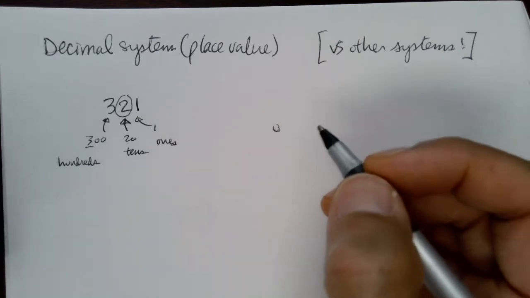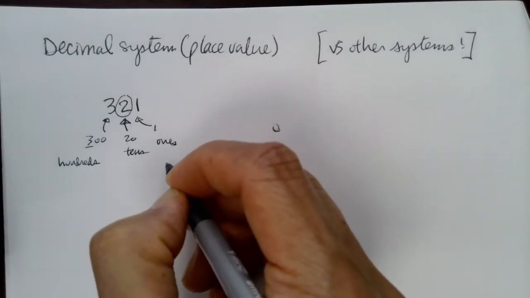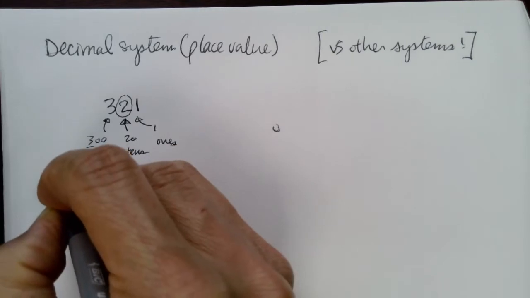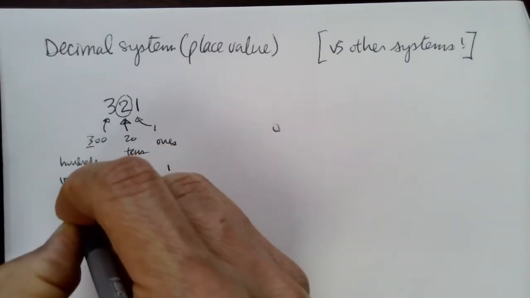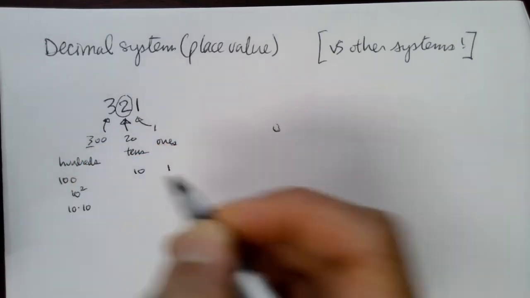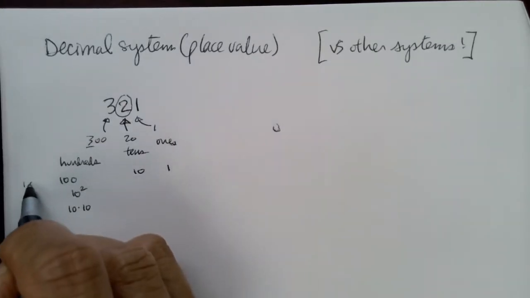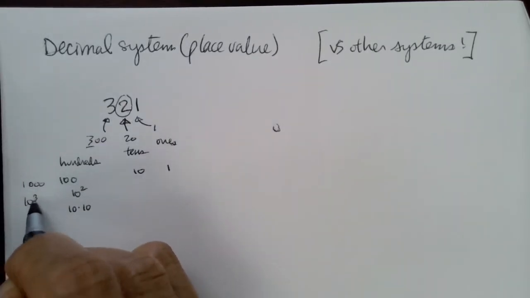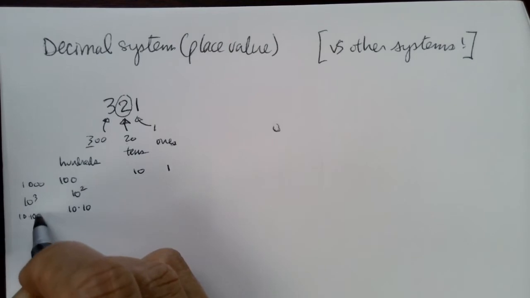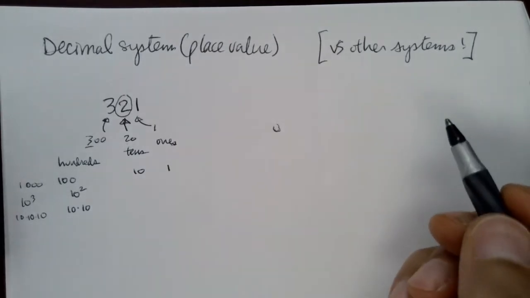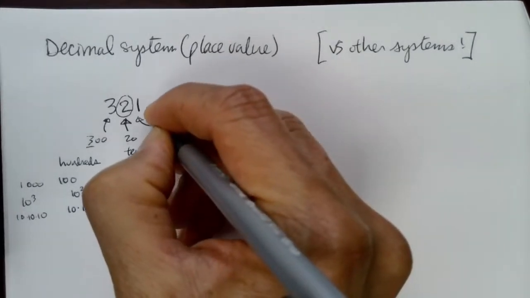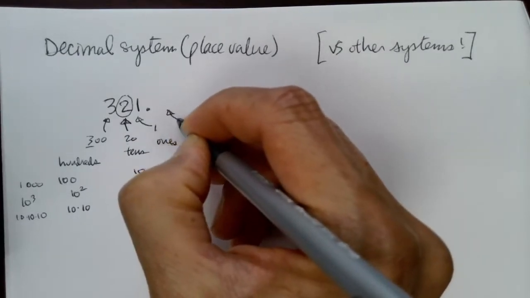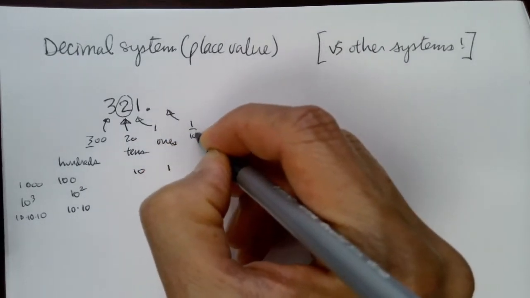Well, you notice that these are powers of 10. 1, 10, this is 10 tens, or 100, or 10 squared, or 10 times 10, and then of course we keep going and we have the thousands place, and that's 10 times 10 times 10. And then if we go the other way, instead of multiplying by 10, we're going to be dividing by 10, tenths.